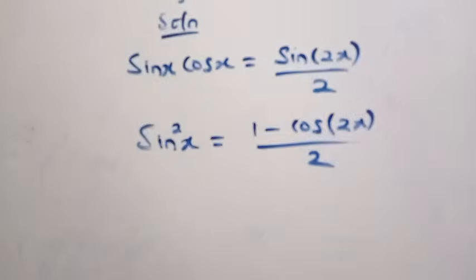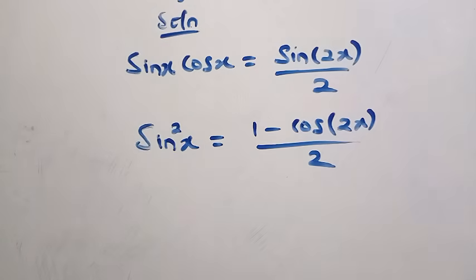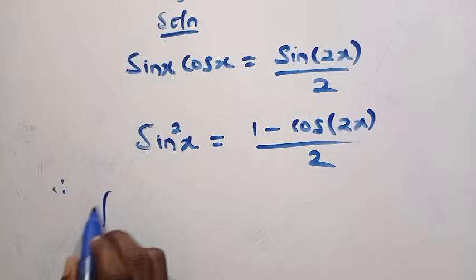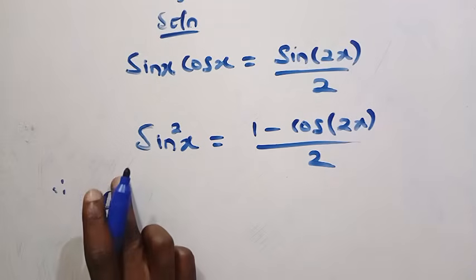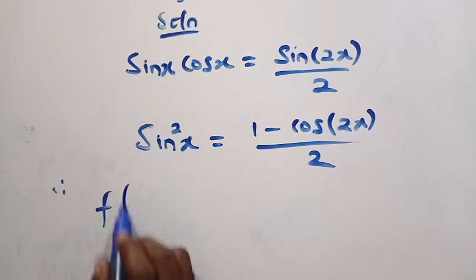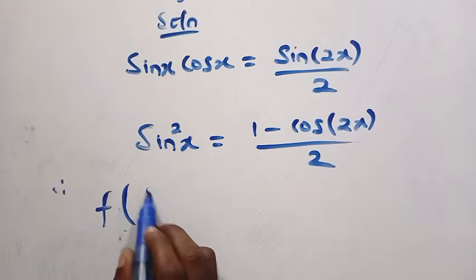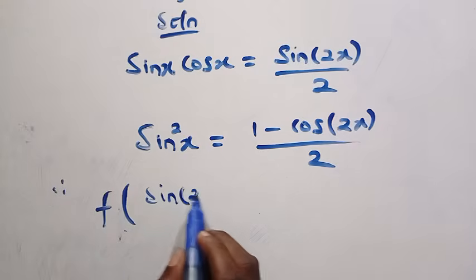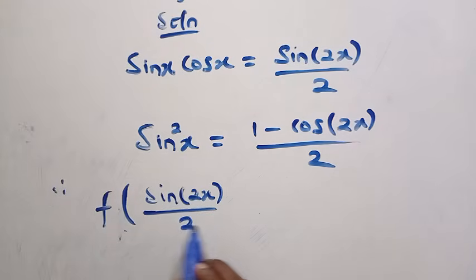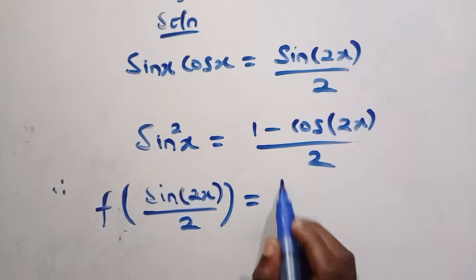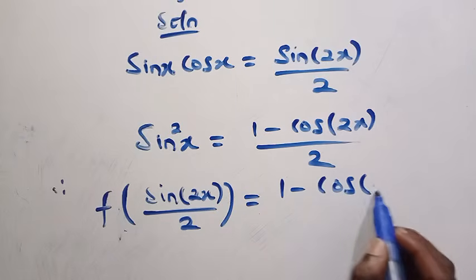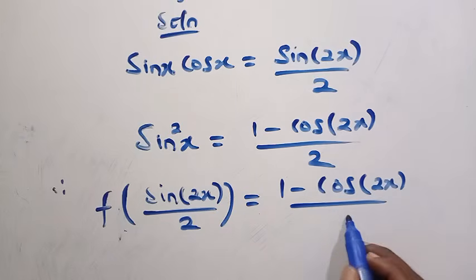The second step is we are going to apply the substitutions. So by substituting, we have f of, instead of sine x cos x, we change it to sine 2x over 2, equals 1 minus cos 2x divided by 2.